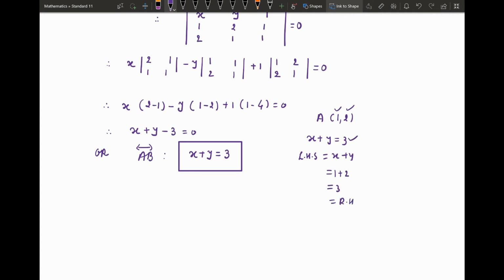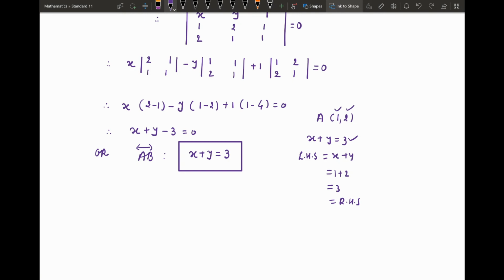So you can observe, since the line passes through A and B, the coordinates of A and B will satisfy the given equation. Easily you can verify. Similarly, the coordinates of B will also satisfy the given equation.